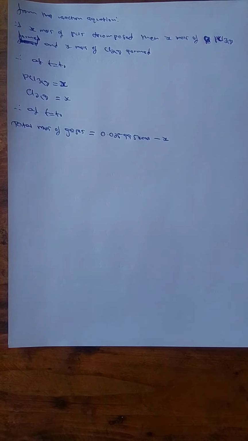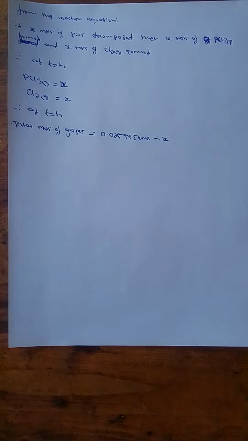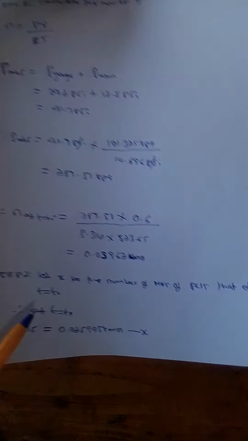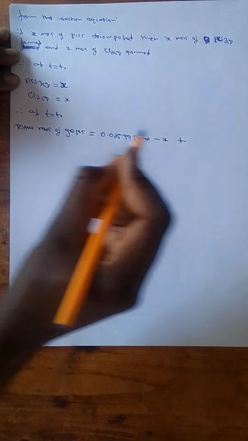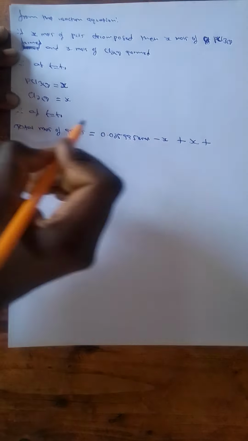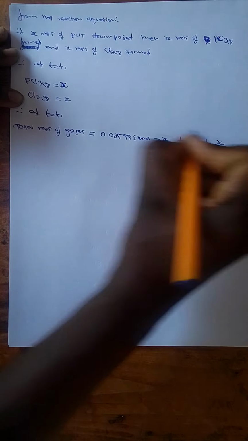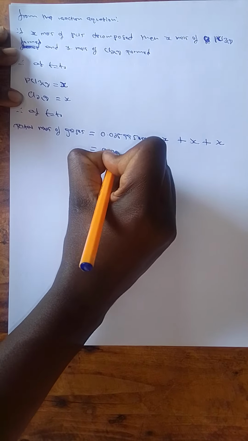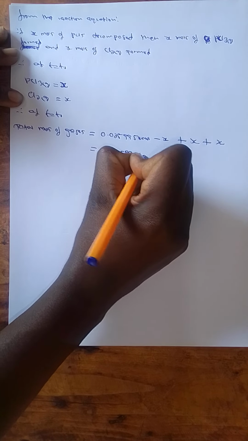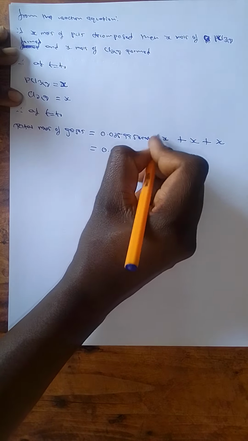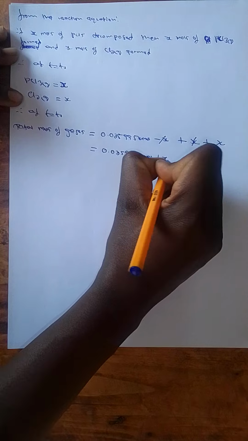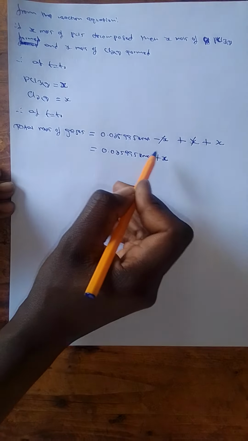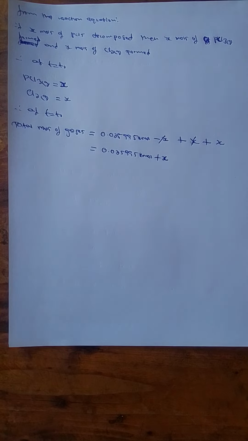So now we are analyzing the total amount in terms of X. The total amount of gases is the PCl5 that remains, plus the PCl3 that formed in terms of X, plus the Cl2 that formed in terms of X, which equals 0.025995 kilomole minus X plus X plus X. So the minus X and one plus X cancel, and you are left with plus X.